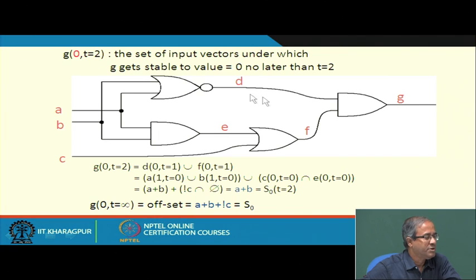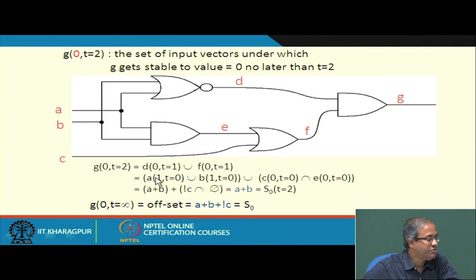So, for the onset there is no problem, but let us look at the offset, G 0 t equal to 2. When G equal to 0 means any one of D and F can be 0. So, D equal to 0 at t equal to 1 or F equal to 0. If F equal to 0 means both E and C are 0, and D 0 means any one of them can be 1, A is 1 or B is 1.